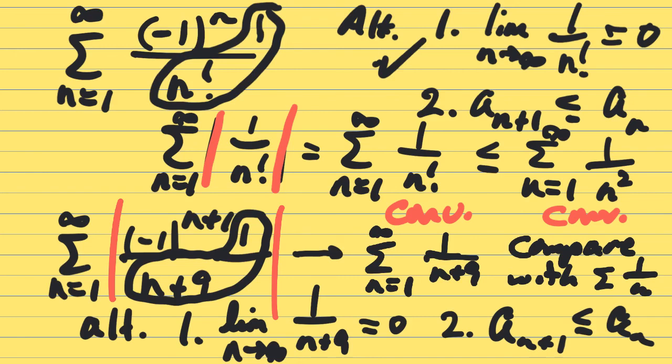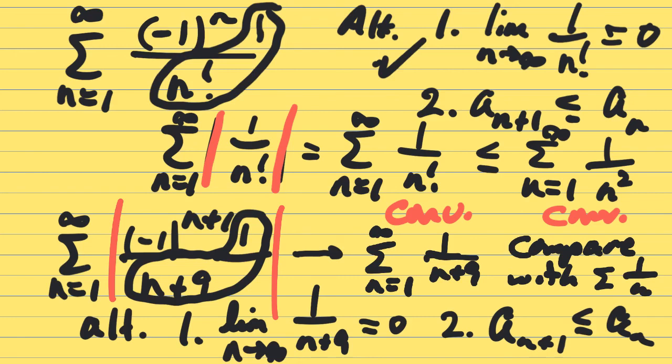Since we know that 1 over n is a harmonic series, it diverges because it has a finite positive limit with 1 over n plus 9, that one must also diverge.